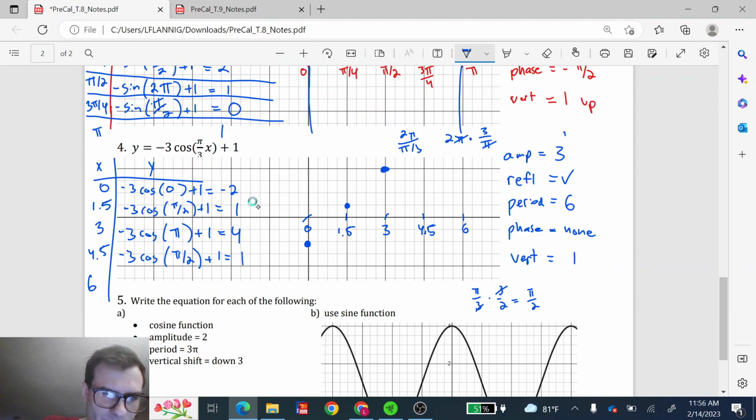That ends up being 1. And the last one is the same thing as 0, so -2. So you have 1, then negative 2. And we can see this cosine function is much taller than the normal cosine function. There we go. And again, the period, you just copy this over.